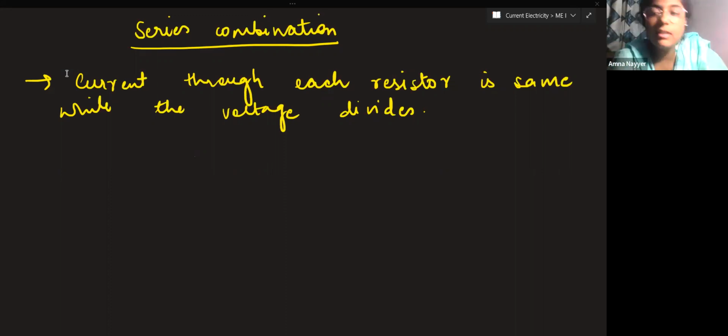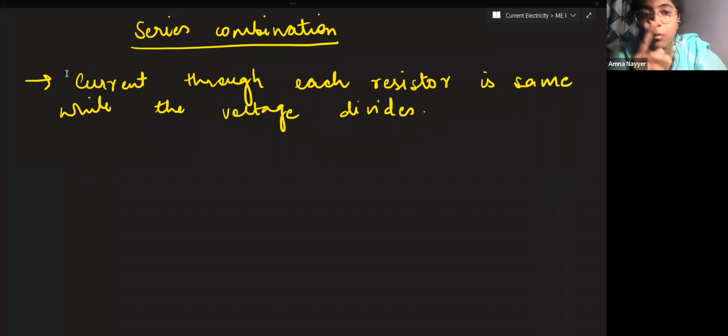Now, how to identify a series combination and how to identify a parallel combination? These are only identified if you are aware of how the current is getting divided and how the potential is getting divided.